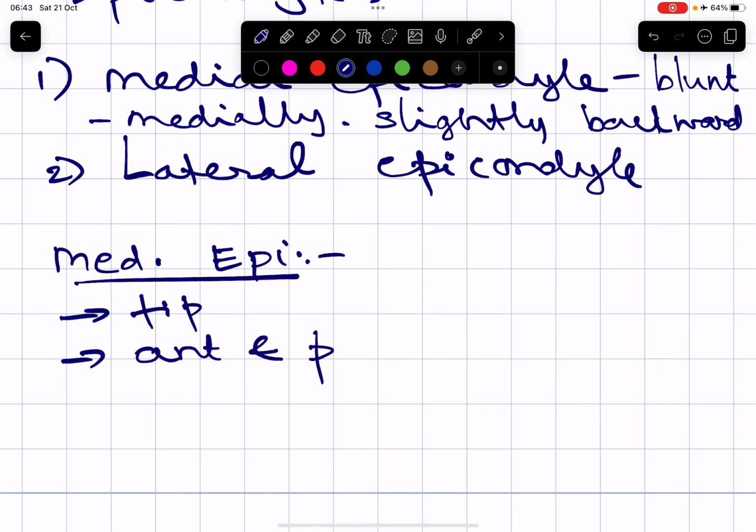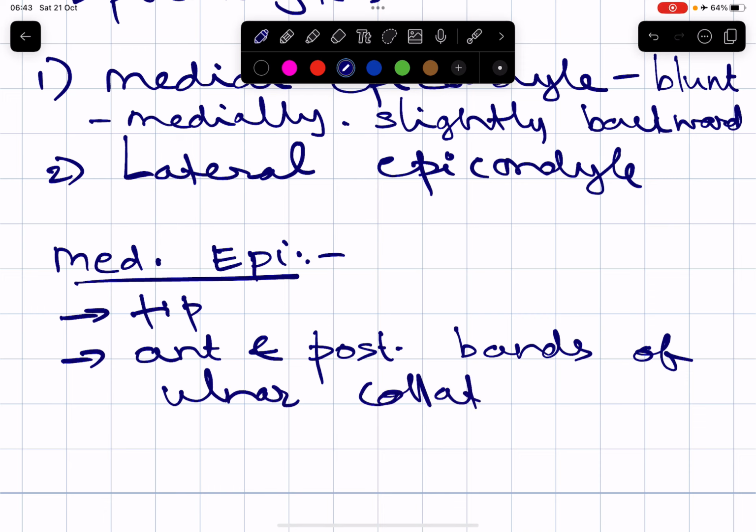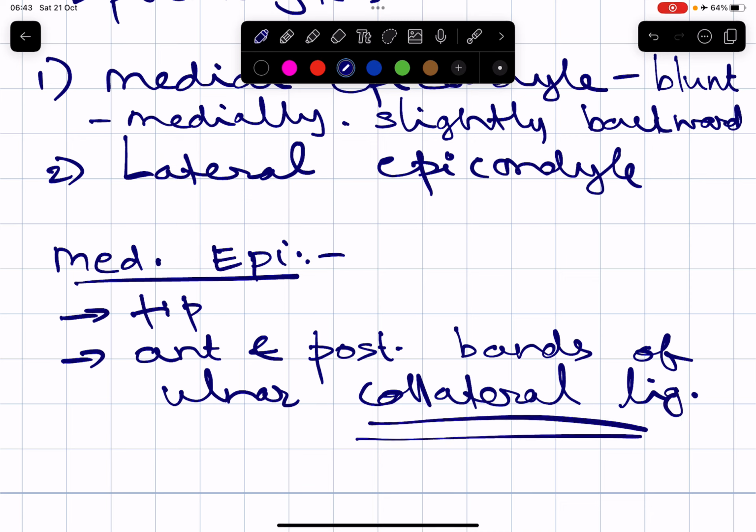Anterior and posterior bands of the ulnar collateral ligament. This ulnar collateral ligament is the ligament on the medial side of the elbow joint. Right, and this has got two bands, the anterior and the posterior bands, which are attached to the tip of the medial epicondyle.